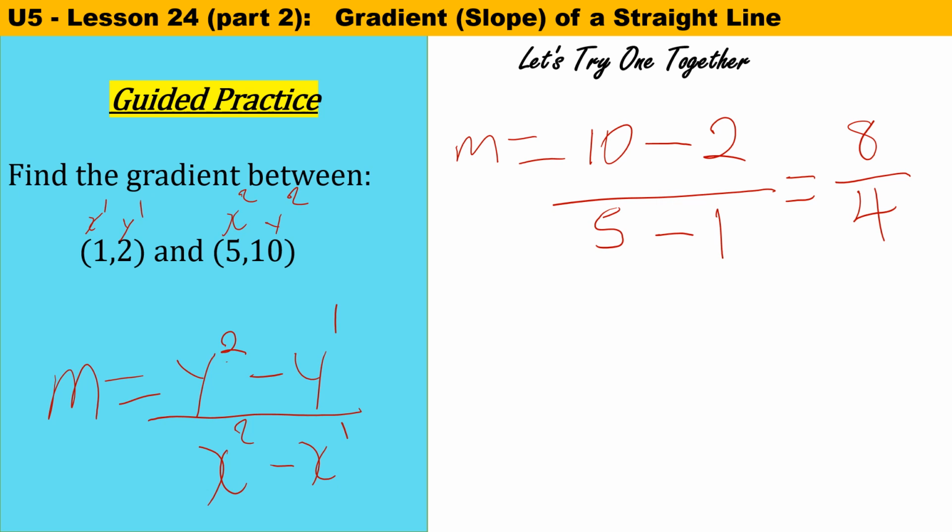And from here you simplify: 4 into itself 1, 4 into 8 2 times. That's 1 over... 2 over 1 equals 2. Therefore, m is equal to 2. And that's that.